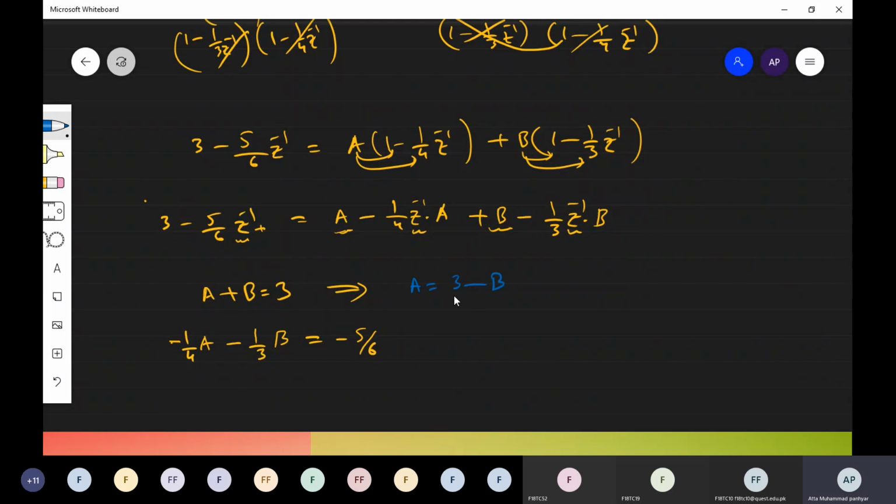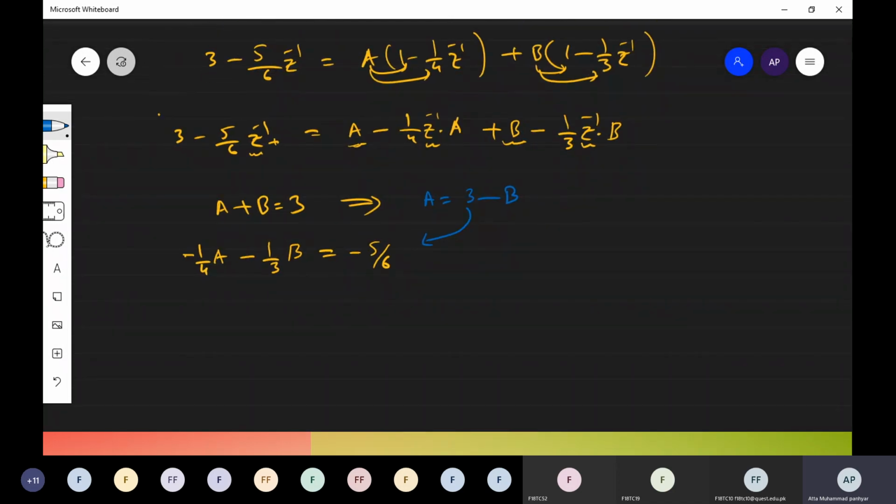So put this value in this equation and get the result. What we get is minus 1 upon 4 times 3 minus B, minus 1 upon 3 B, is equal to minus 5 upon 6.